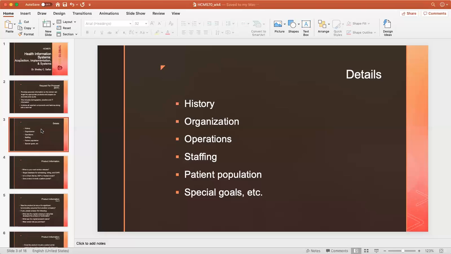Okay, you need to find out about operations. You need to remember that a hospital or a physician's office or a clinic is not just the clinical side. The administrative side, especially health information management, is going to have a great deal of need from this system.